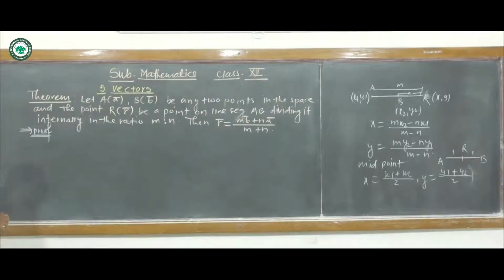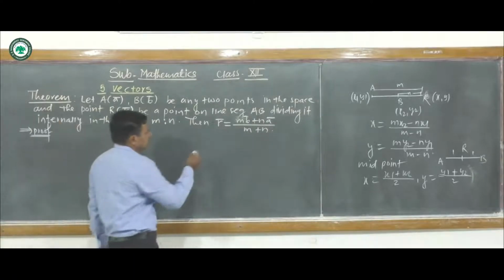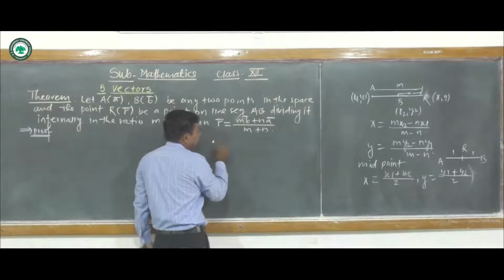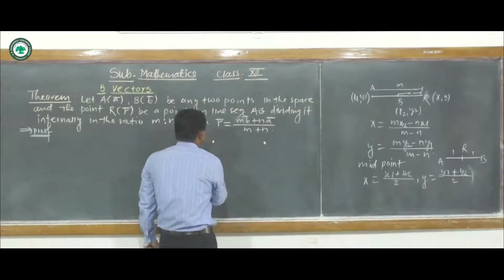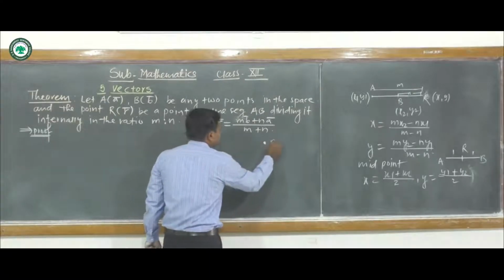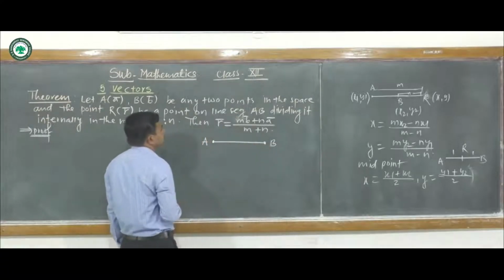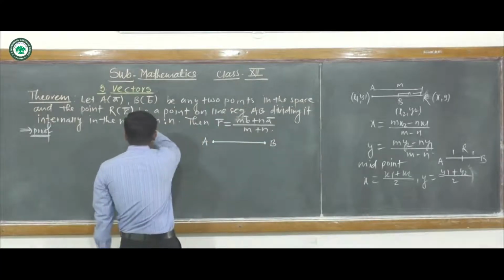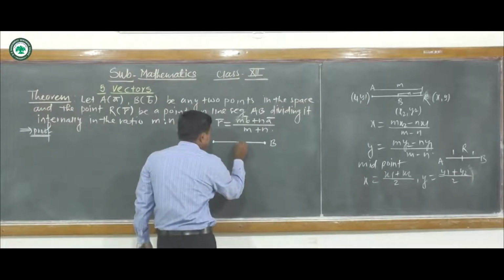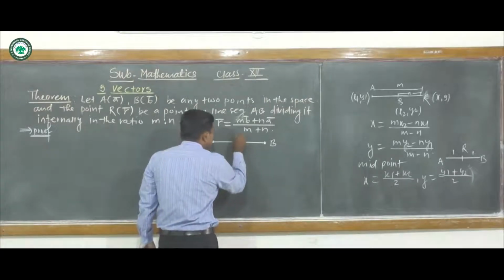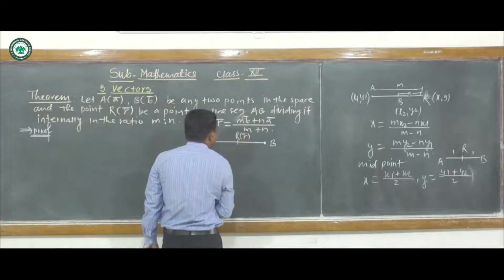See, let A with a bar and B with b bar be any 2 points in this space. Suppose these 2 points are here, A, and this is point B, and this is segment AB. The point R with r bar divides segment AB internally. So point R with position vector r bar is here.